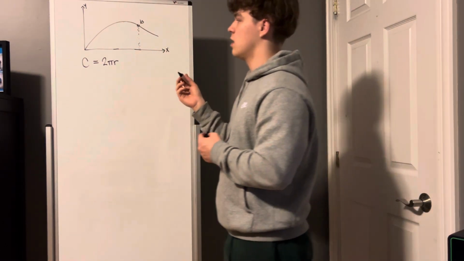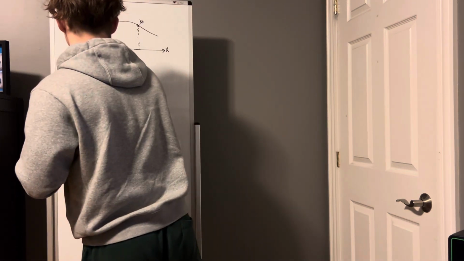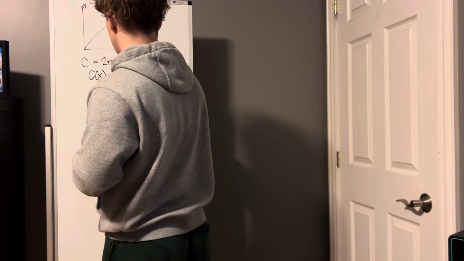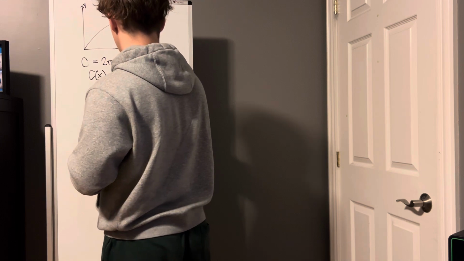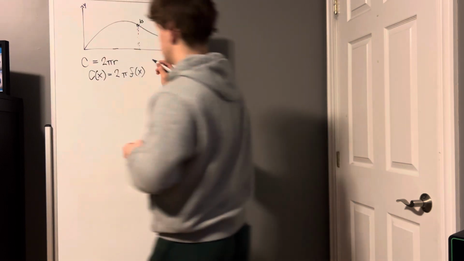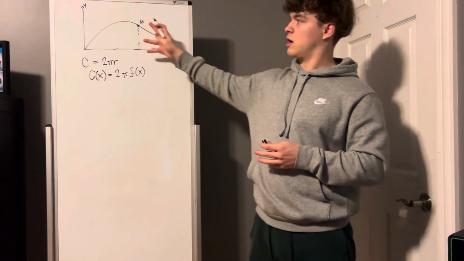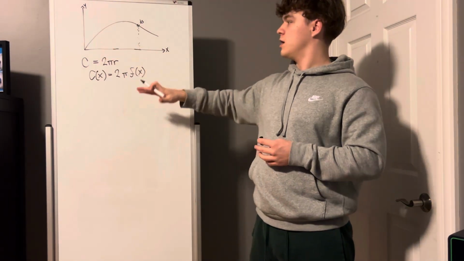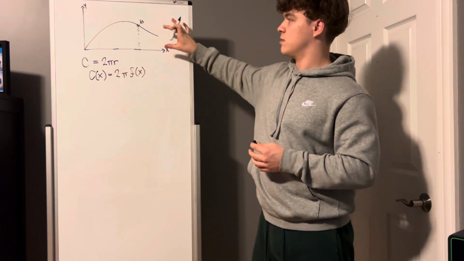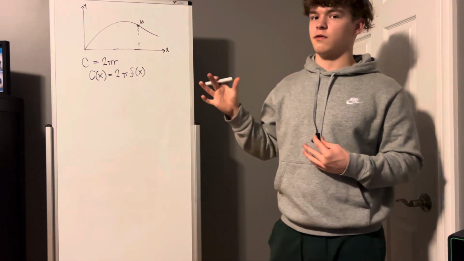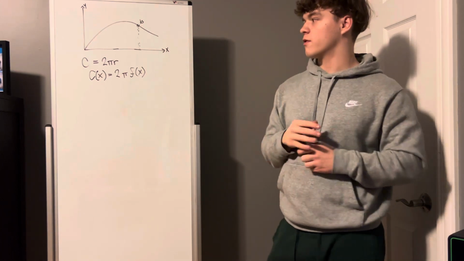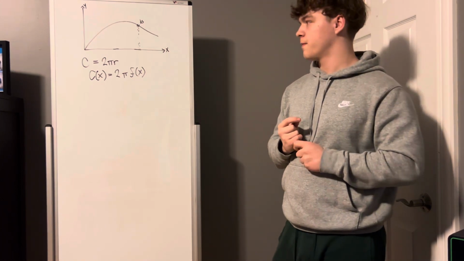So the circumference as a function of x is 2 pi times the function of x, because the radius is the function, of course. So that's our circumference as a function of s.